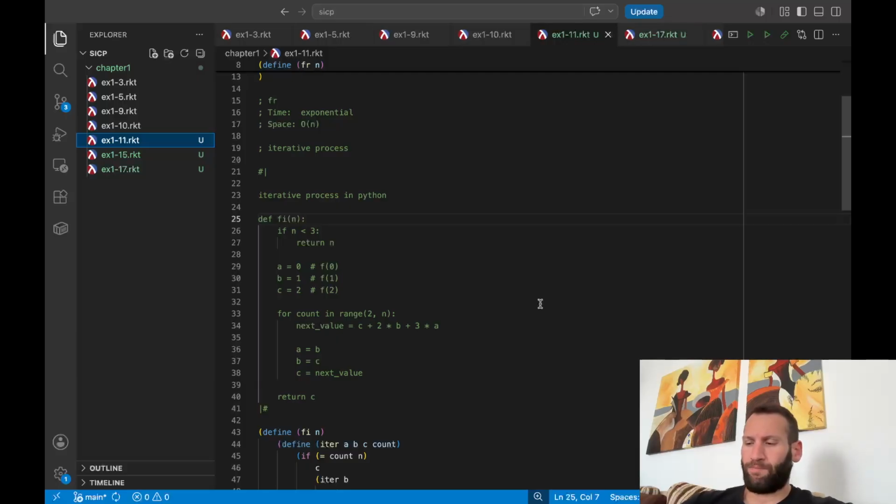I need to get used to that notation, to that syntax. But I mean, it's just 3 or 4 days that I'm coding this Scheme, so I think it's totally fine, totally okay.